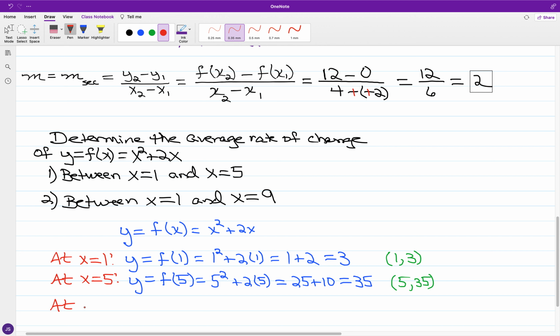As for x equals 9, the corresponding y value is y equals f of 9.